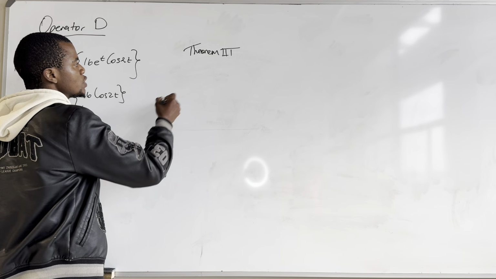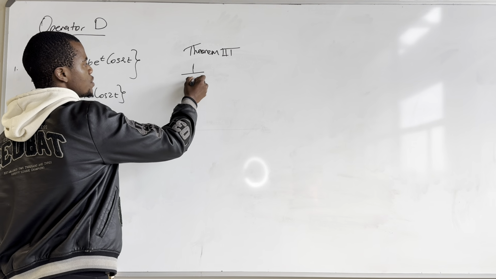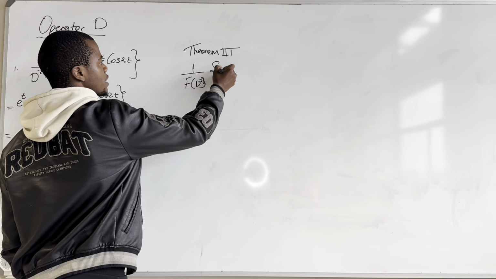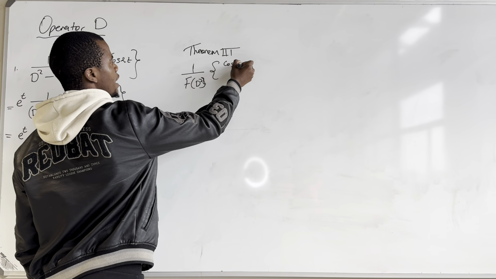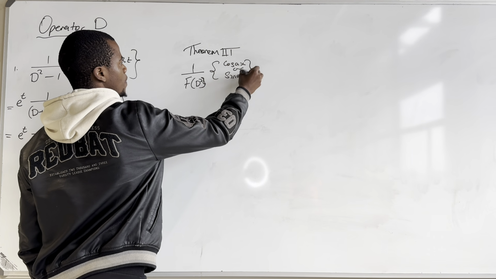So theorem 3 says: if you have 1 over a function of D squared, operating on cos of ax or sine of ax.